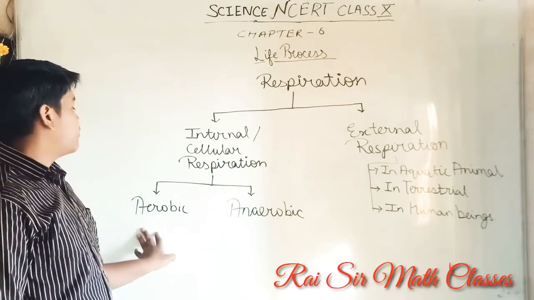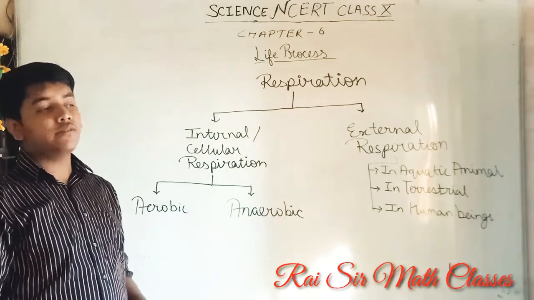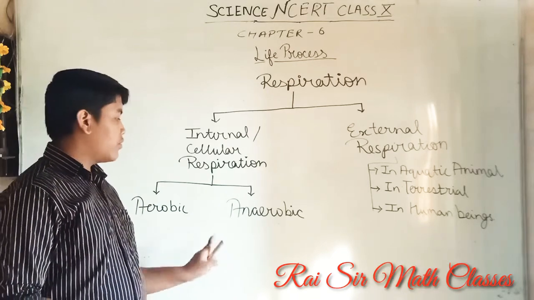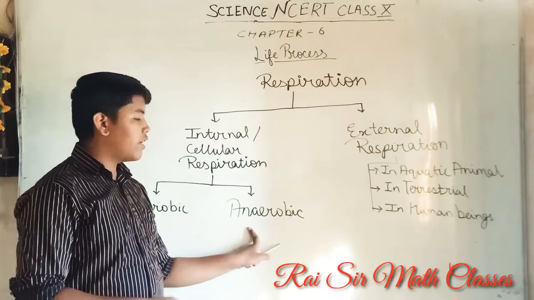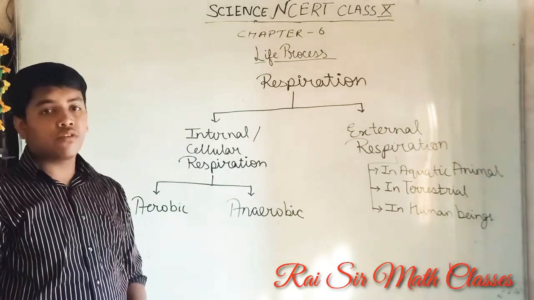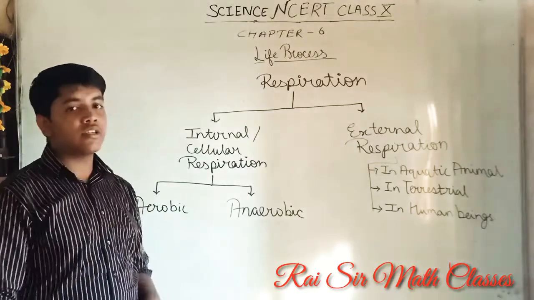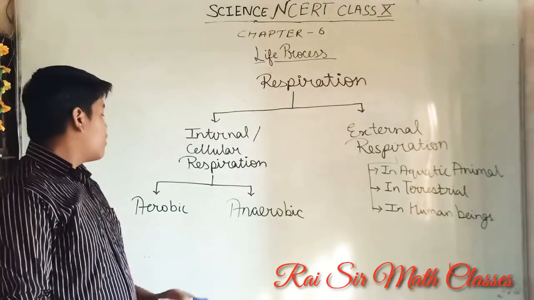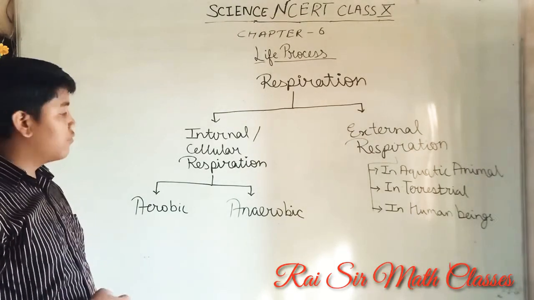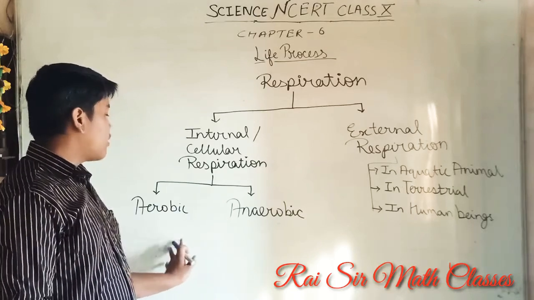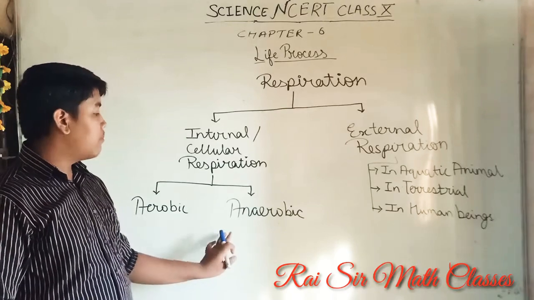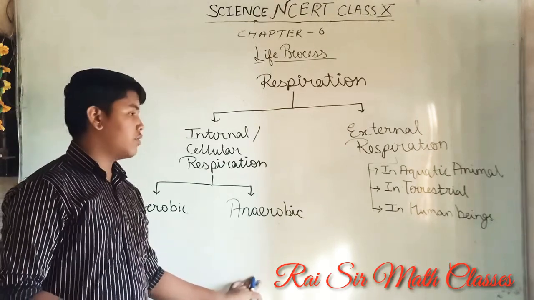Aerobic respiration takes place in the presence of air, and anaerobic respiration takes place in the absence of oxygen. In aerobic respiration, air is present, so there is complete oxidation, or we can say that we digest our food properly. And anaerobic respiration means incomplete digestion of food occurs.